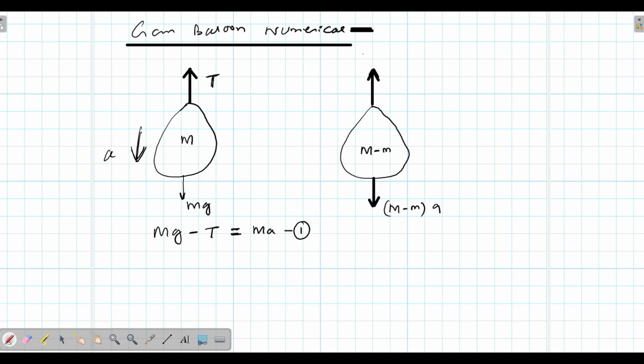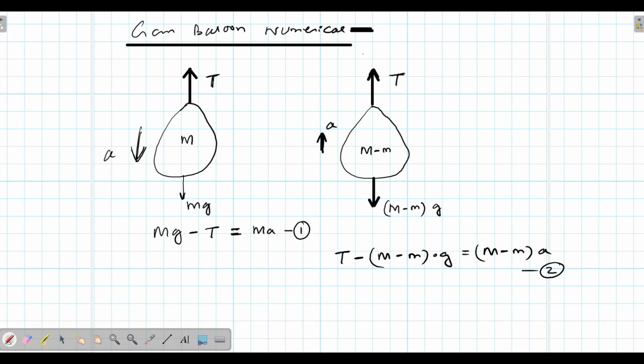This is the tension T, and this moves in the upward direction. So this can be written as T minus (M minus m)g equals (M minus m)a. This is equation 2, and this is equation 1.